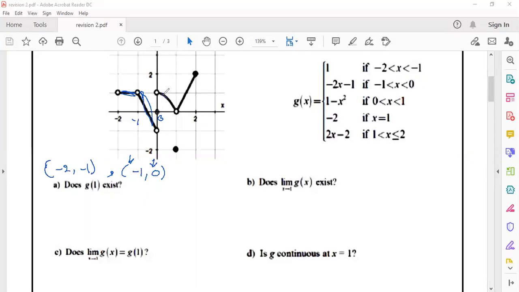Here on this curve between 0 and 1, what will we write? 0 and 1. The function is continuous, but since it is not continuous at 1 and at 0, I write an open interval. Here from 1 to 2, at 2 it is continuous.